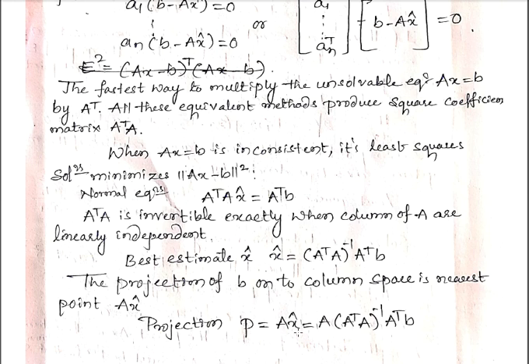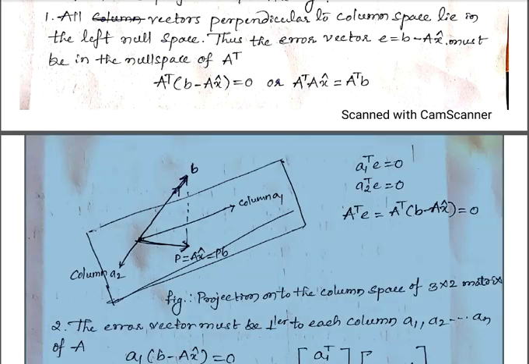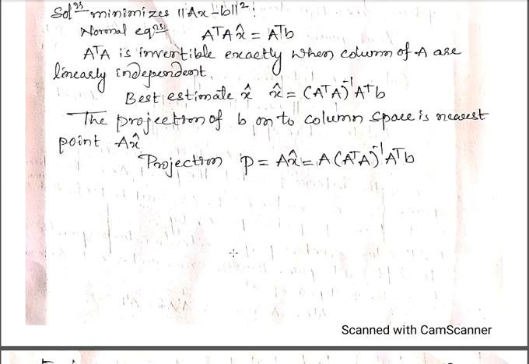Projection P is equal to AX cap, that is equal to A times the inverse of A transpose A times A transpose B. Now here the projection is A X cap, that is equal to PB. We'll understand this problem because these are just the equations we need to follow.